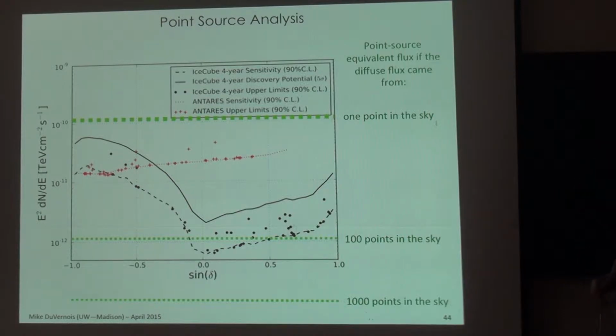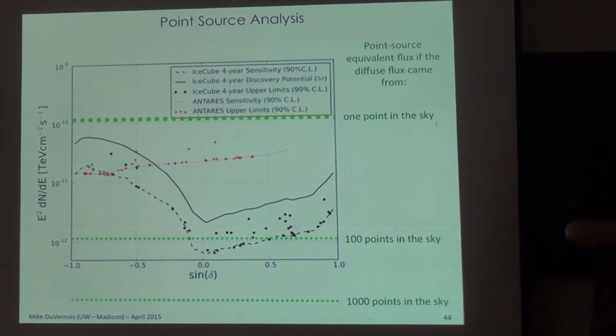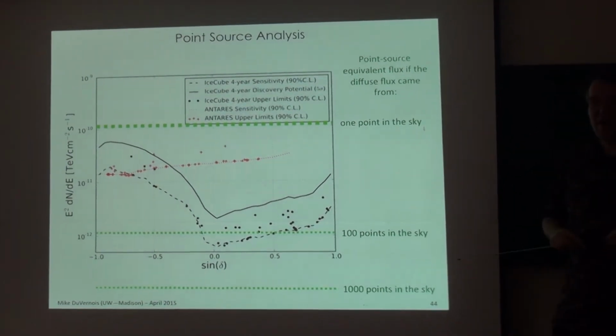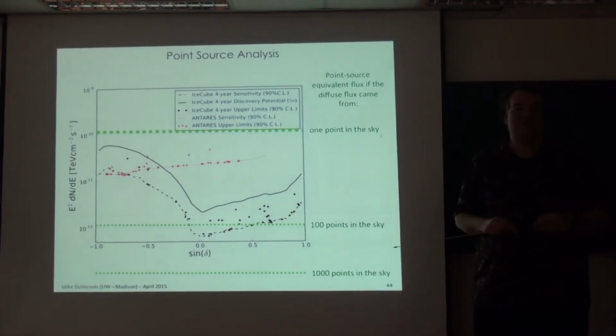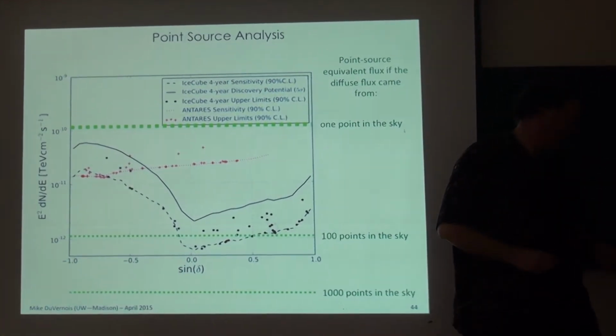And just put the line for where 1,000 points in the sky would be. But I think it's interesting that this is a similar number, perhaps, to the ultra high energy cosmic rays. That you end up with something on order of hundreds of sources. So hundreds of unidentified sources. That's where the limit is, not a measured value.